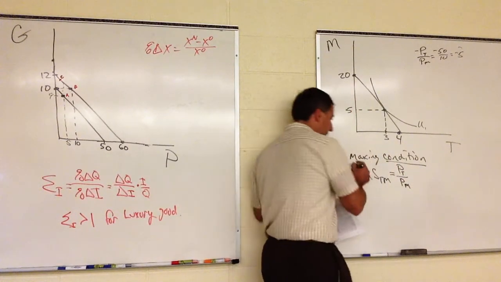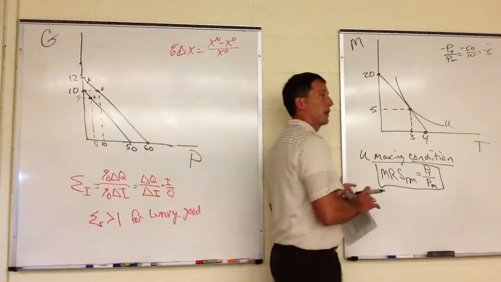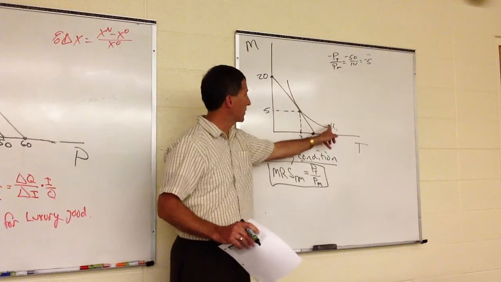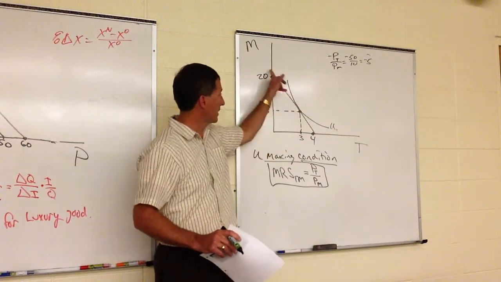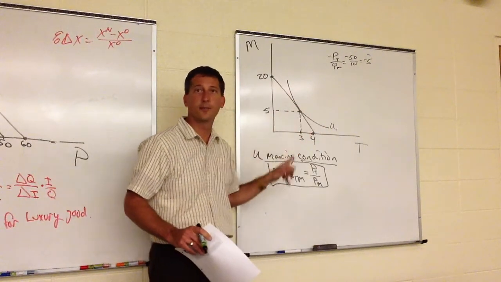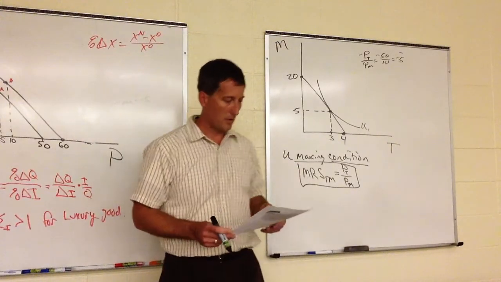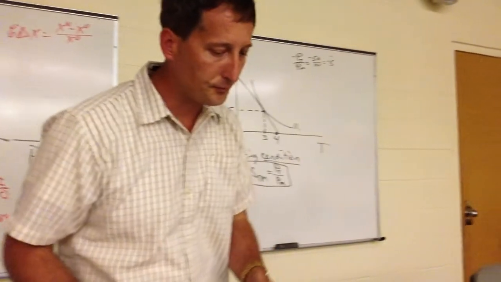Right? That's our condition that must be met. Graphically, that's met by having the indifference curve and the budget constraint just kissing each other. Okay, questions on that?